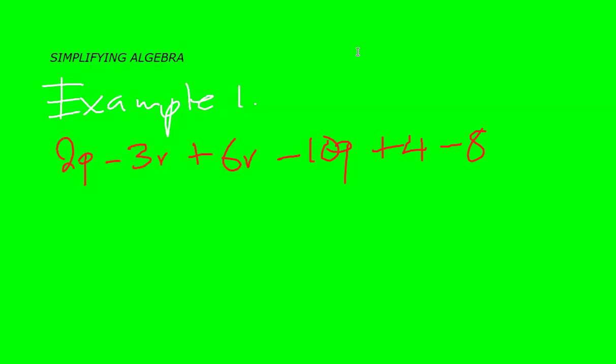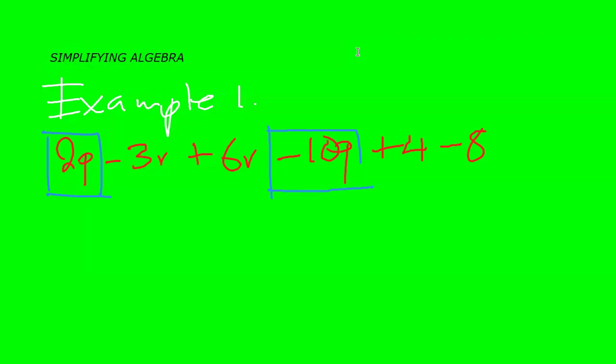Now, if you look carefully at this expression, as we've called it, the like terms are the p's, because you have p's, you have r's, and you have integers. So let's see. Now, I'll use boxes for the p's. So we have 2p and negative 10p.